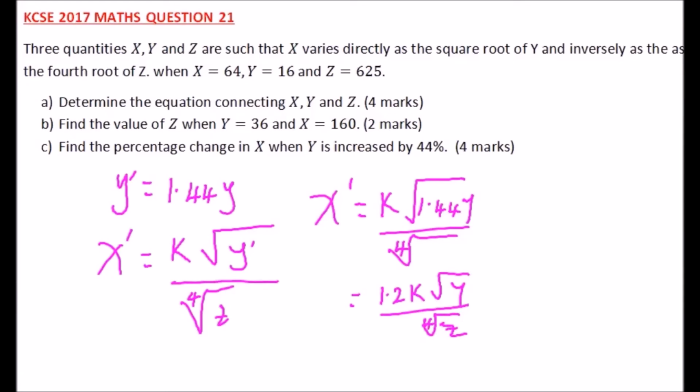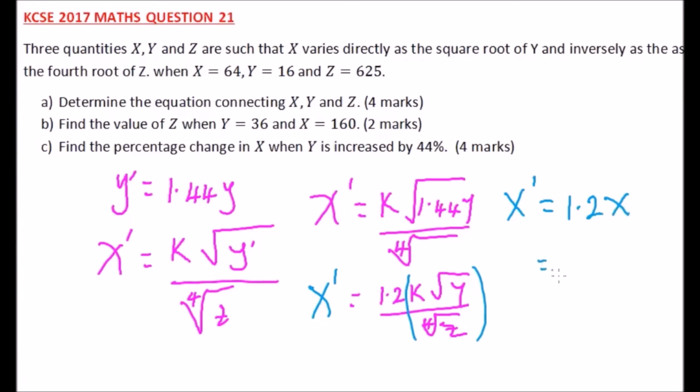Now if you look at what we have now, this is the same as the old x, and this is our new x. So what it means is that our new x has increased. Our new x is equal to 1.2 our old x.